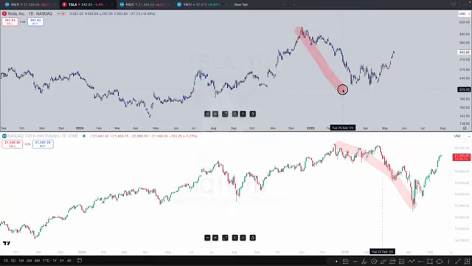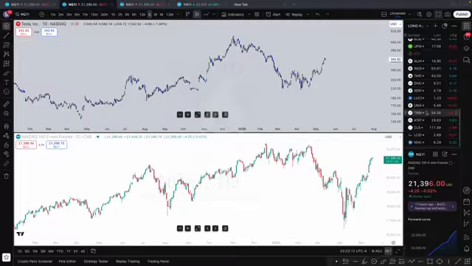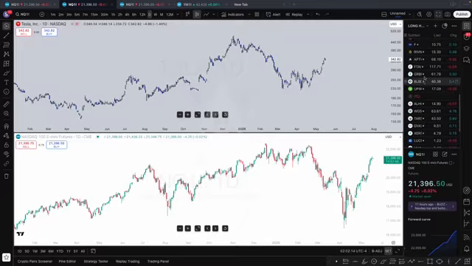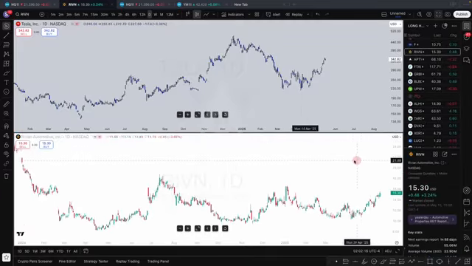And the last correlation I'm going to show you is the correlation between a stock and a stock. So when you look at stocks that are correlated for certain criteria, for this one we're going to compare Tesla to Rivian. Now Rivian is another car company.